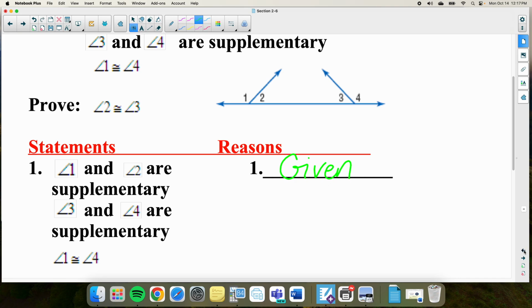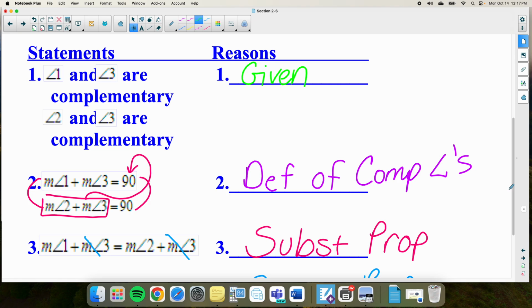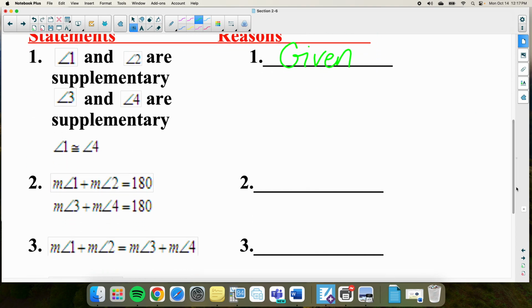Now, do you guys remember on this proof, they told us two angles were complementary, and they added them together and said it was equal to 90, and we said that was definition of complementary angles. What do you think our reason would be here then? Yes, this would be definition of supplementary angles.